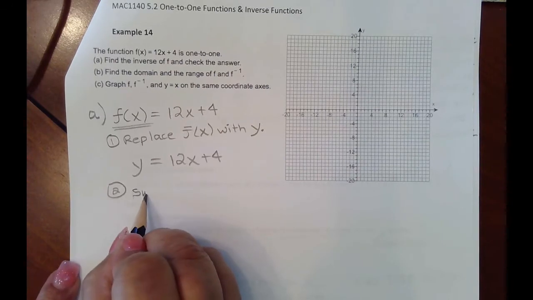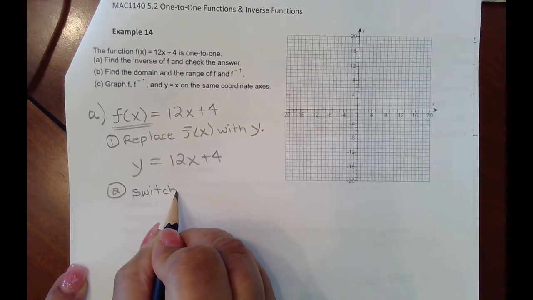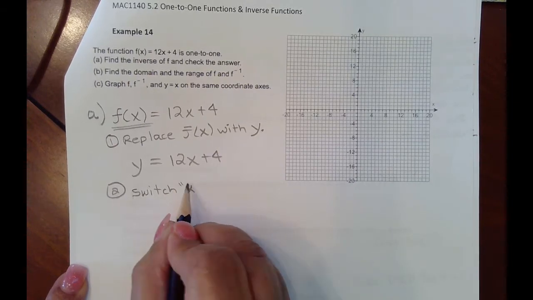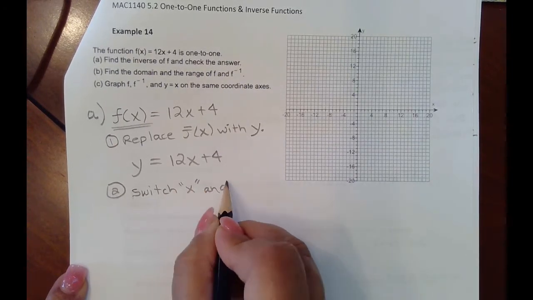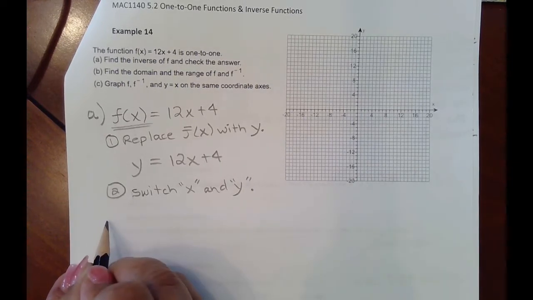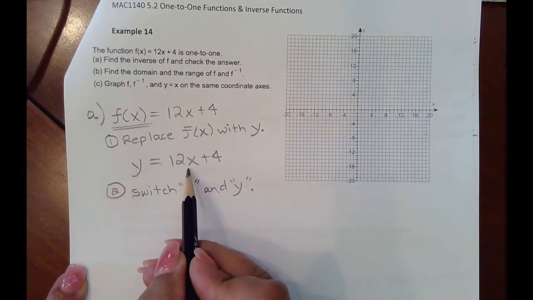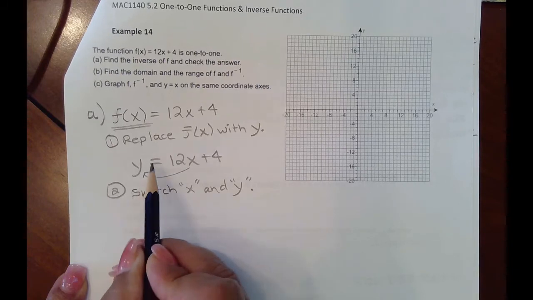Remember, that is the main part of the relationship between a function and its inverse. So if you're switching x and y in this equation, that's why you needed a y, so that you would see where the y is instead of the f of x notation. So this is going to become an x, and this is going to become a y.